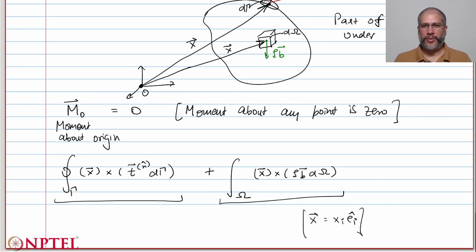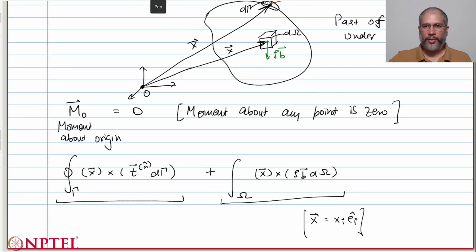In addition to this, we can have concentrated moments at the point, in this case the origin as well, and these concentrated moments are sometimes also called couples. So we could have a body couple or a surface couple, but it is only for a very special class of materials that we have these concentrated moments existing, and these class of materials are called polar materials.